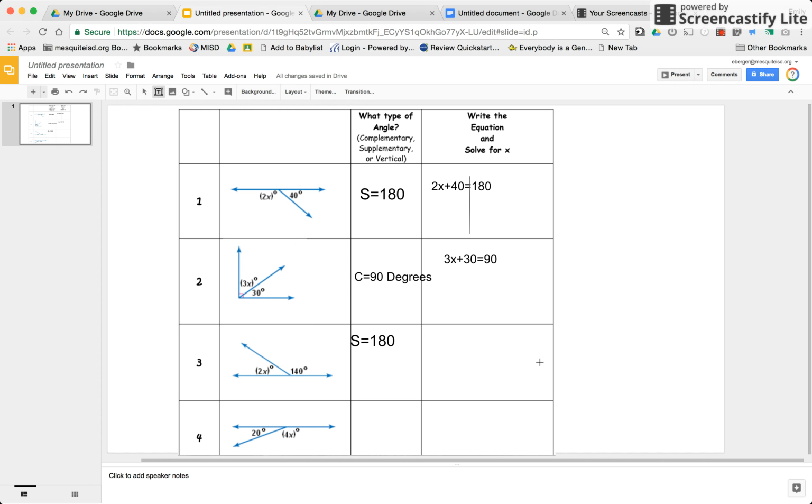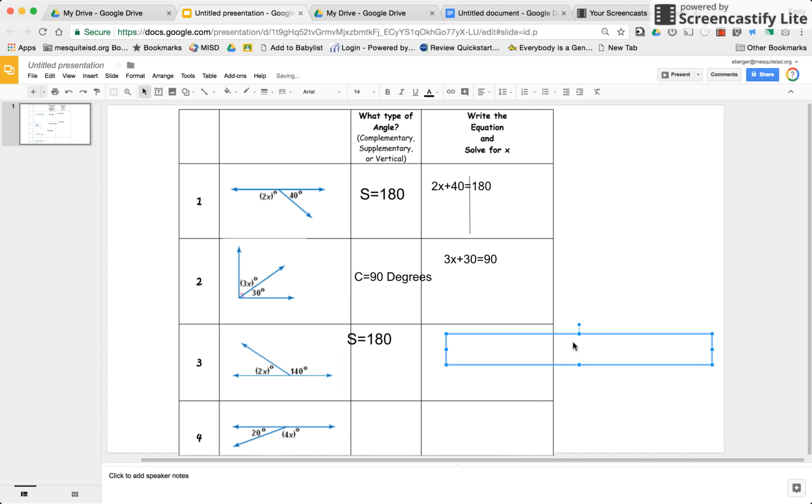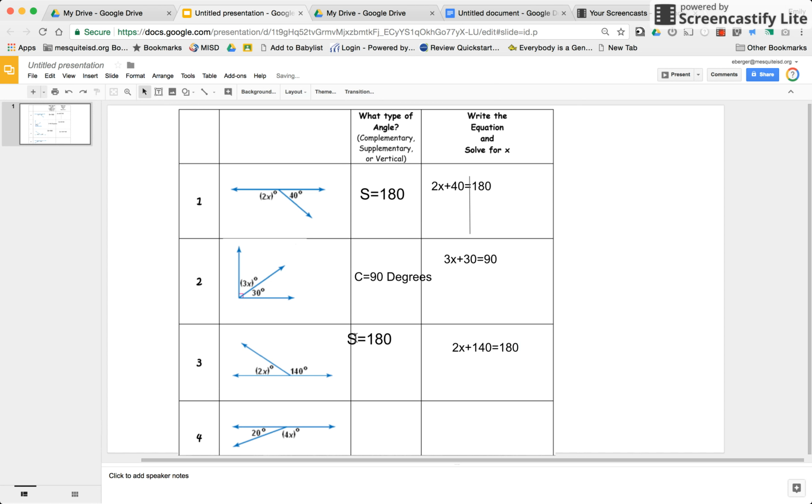How am I going to write my equation? My first angle is going to be 2x plus 140, which equals 180. That's your next step. You do the same exact thing here.